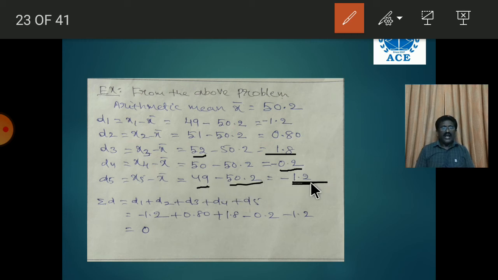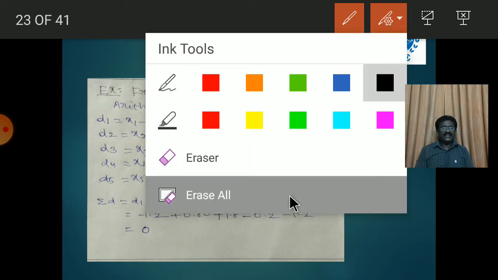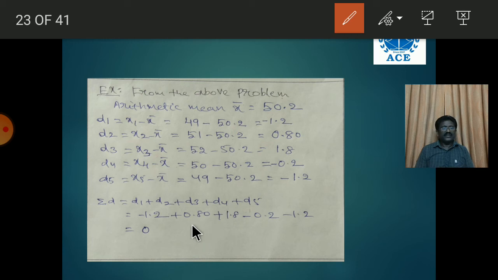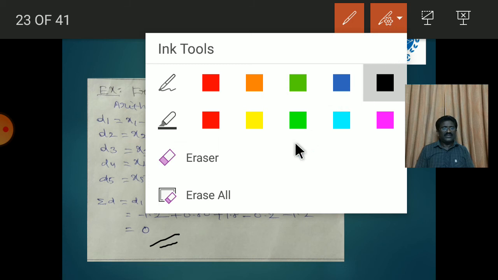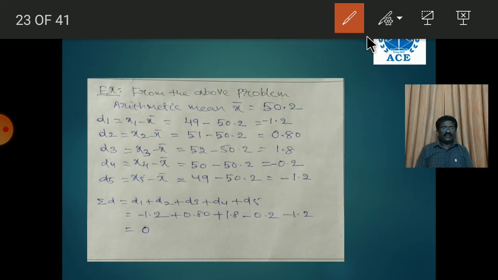Now add all the deviations. That means summation d is equal to d1 plus d2 plus d3 plus d4 plus d5. Add them, then you will get 0. Now our condition is satisfied. So this is the idea about deviation from the mean.